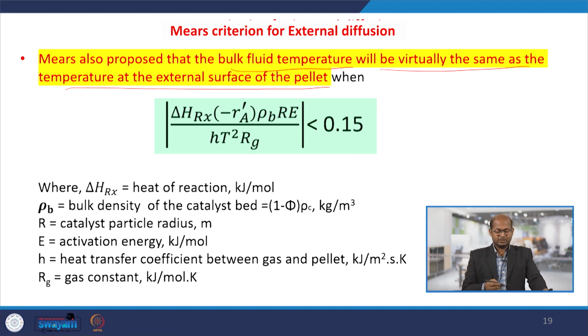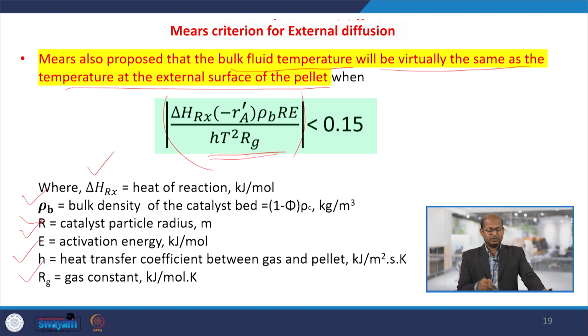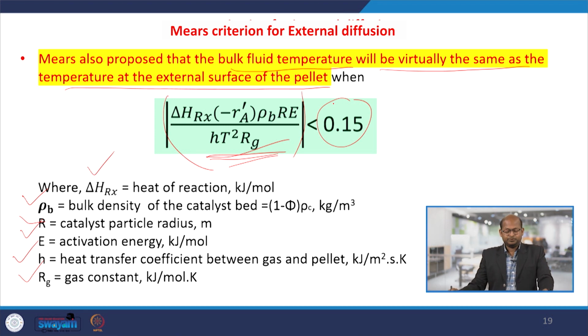If this criterion is fulfilled, if we know the heat of reaction, bulk density, radius of the particles, activation energy, heat transfer coefficient and gas constant, and after putting these parameters in and the value comes out less than 0.15, then we can say that the temperature change between the bulk fluid and the catalyst surface does not exist. So, fluid temperature and particle temperature are the same.